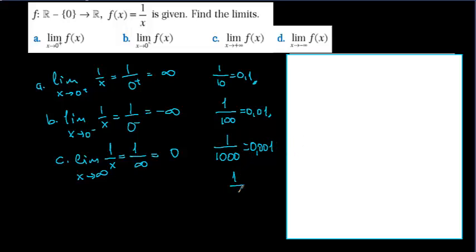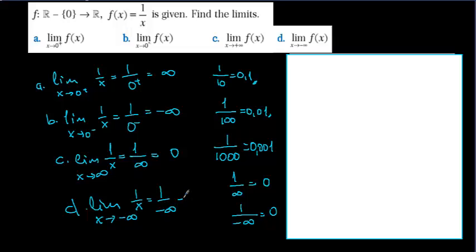So approximately, 1 over infinity we are going to write as equal to 0, and 1 over minus infinity, positiveness or negativeness doesn't exist for 0, so it's going to be equal to 0 again. So D is also already solved. The limit as x tends to minus infinity of 1 over x is 1 over minus infinity, which is equal to 0.